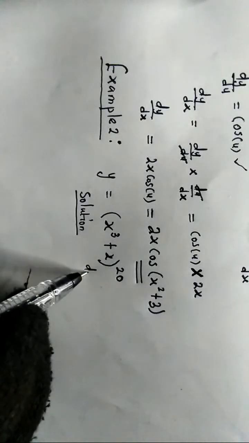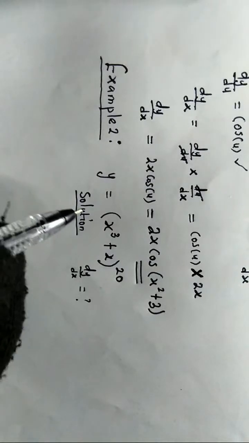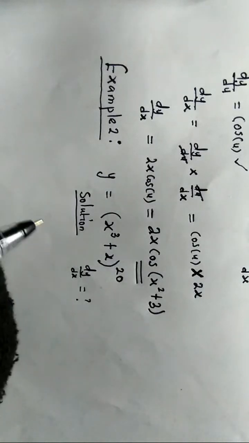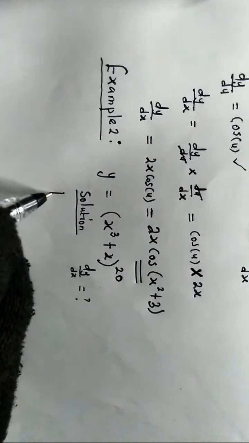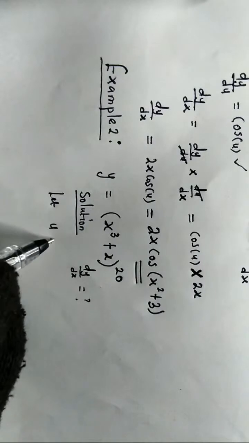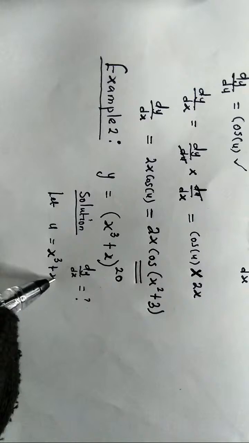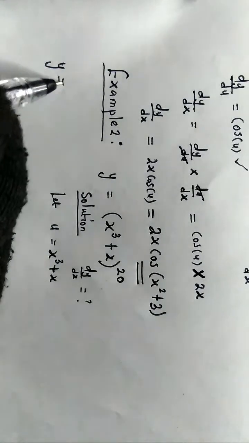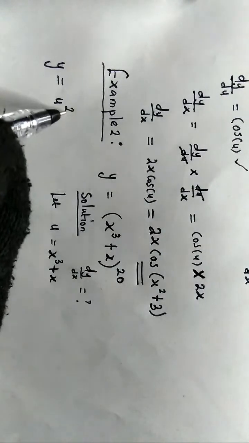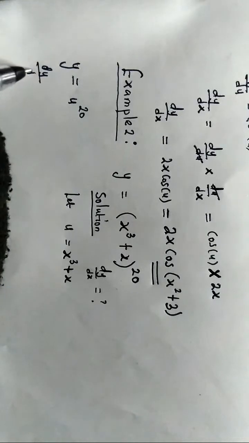Remember, we are solving for dy dx, which is the derivative of this function, right? So now, with what we did earlier, using this property of the chain rule, we are going to let u equal the inner function, which is x cubed plus x. And from this side, y will become u to the power of 20.